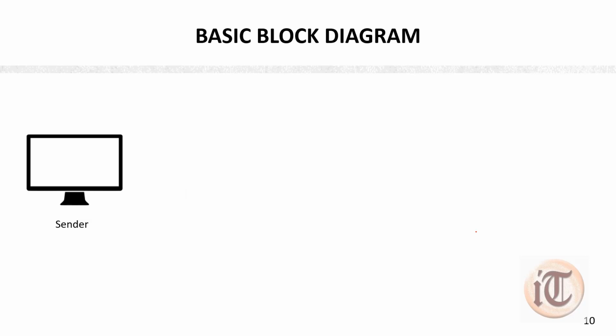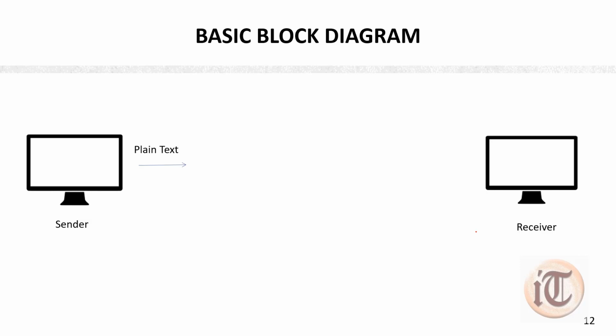Now we will discuss the basic block diagram of cryptography. Suppose we want to send a message between two parties: we have a sender at one end and a receiver at the other. On the sender side, the message we want to send is called plain text, which is in a readable form. If we encrypt the plain text with the help of an encryption algorithm, based on the type of encryption, whether symmetric or asymmetric, it converts the plain text into ciphertext.